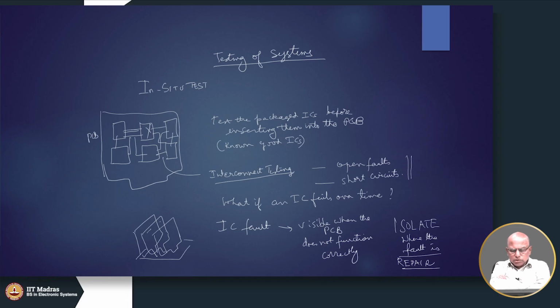They would like to, but then there may be several ICs on the same PCB. So, if a PCB is not working, you have to debug. You have to understand which one is bad, which circuit is bad.